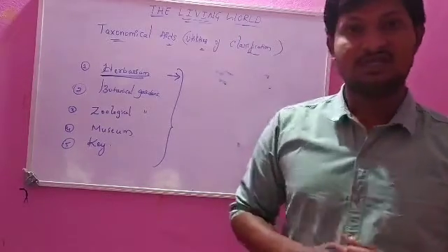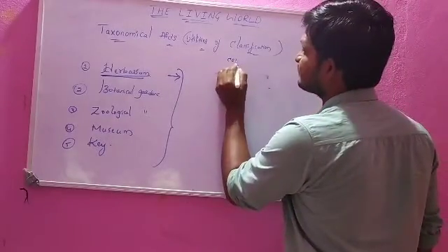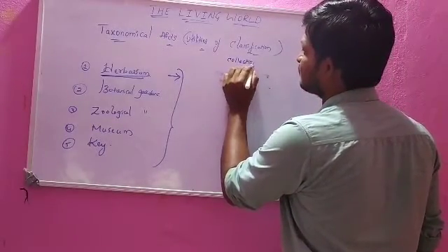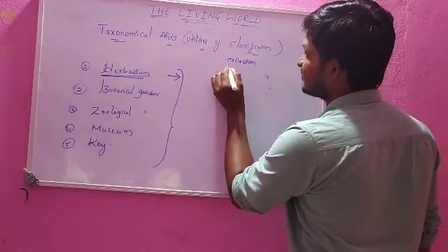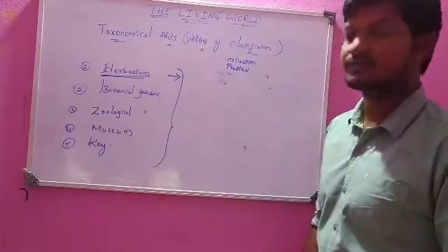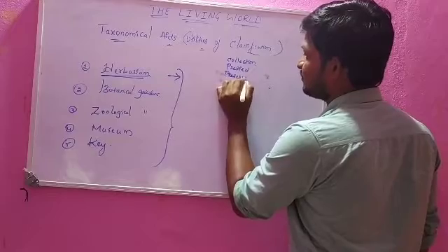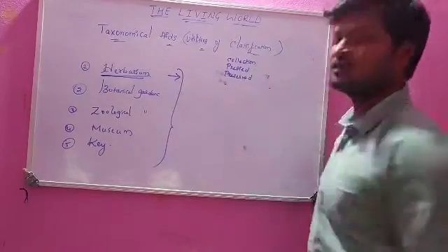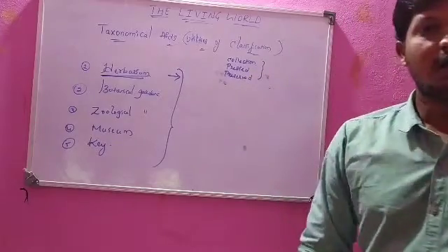What are the steps to be taken? First is collection. Next is pressing. Next is preservation. These are the 3 steps to follow for herbarium.